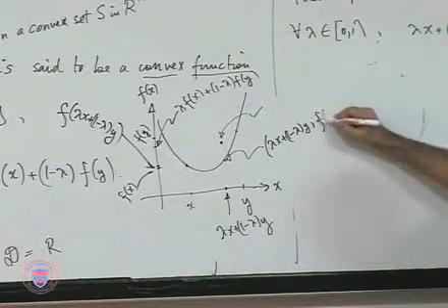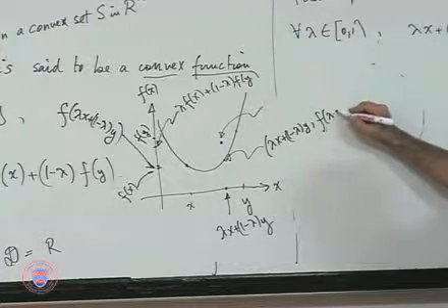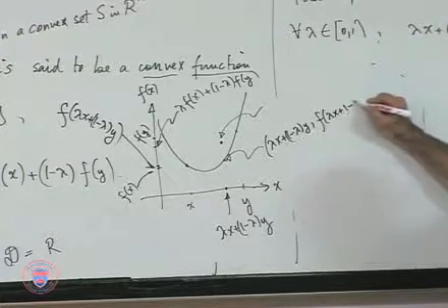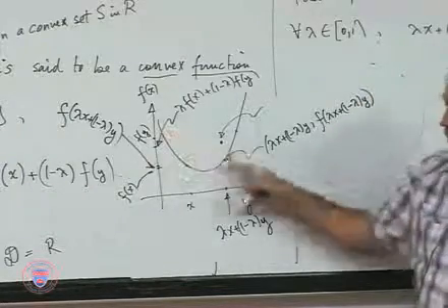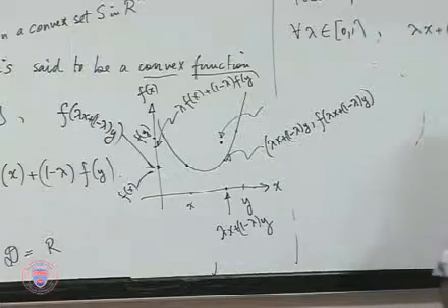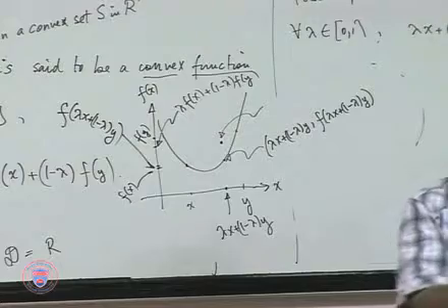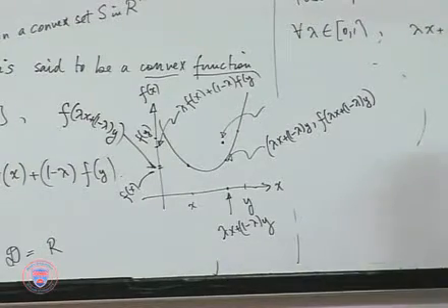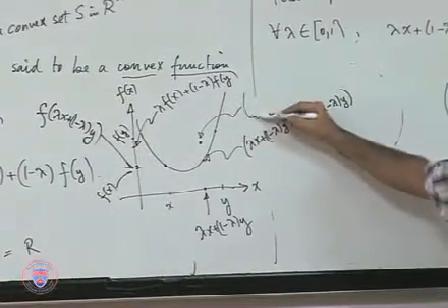It's f of lambda x plus 1 minus lambda y, because this graph is the set of tuples x and f of x, with x changing in the domain. What about this other point?